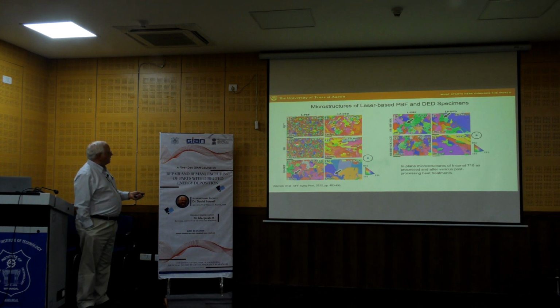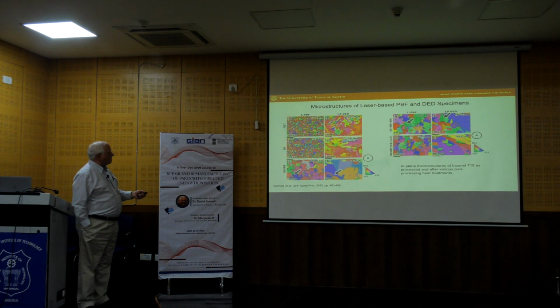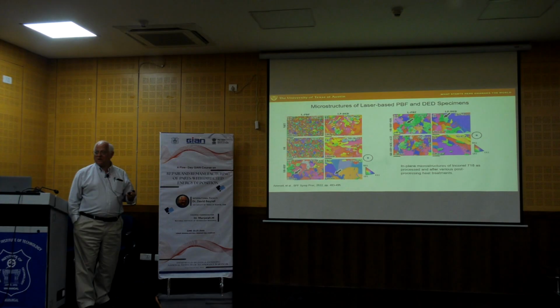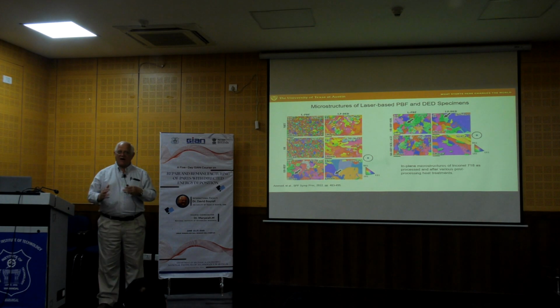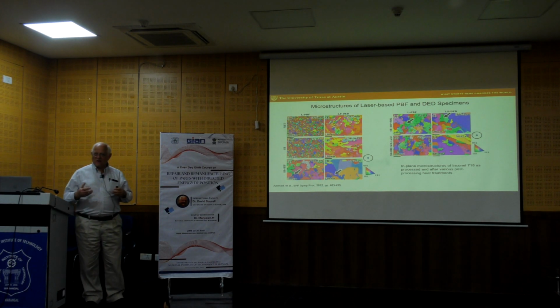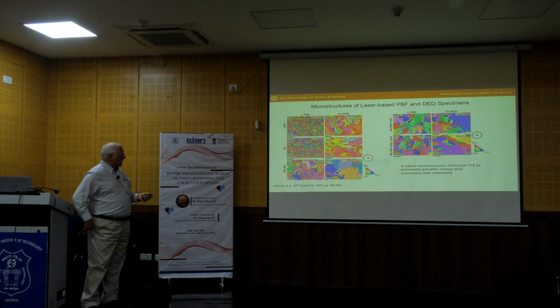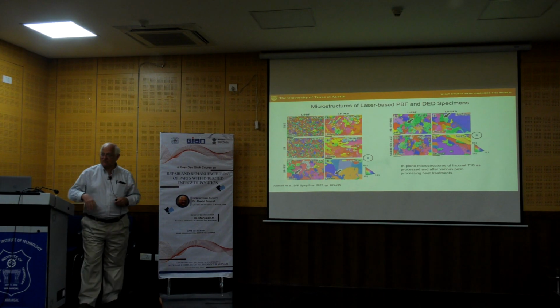So again, just sort of marching through the processing here, the stress relief really doesn't have much effect, and we wouldn't think it would, right? Because the stress relief is primarily designed to move the dislocations around into lower energy configurations. It doesn't really impact the grain size. This is after stress relief and hot pressing, and here we can see there is a dramatic change in grain size.